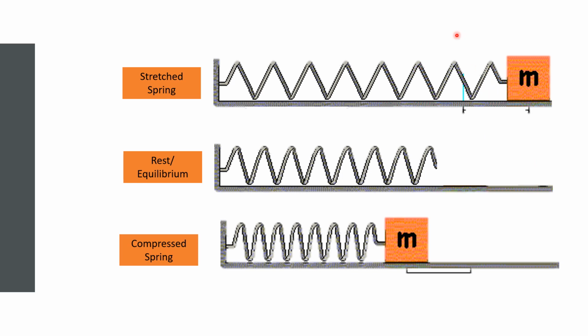Let's say in this example, we use the earlier illustration. We have here the restoring force. Its direction is like that so it can return, and that is negative. The displacement is in this direction when stretched, to the right, so that is positive.